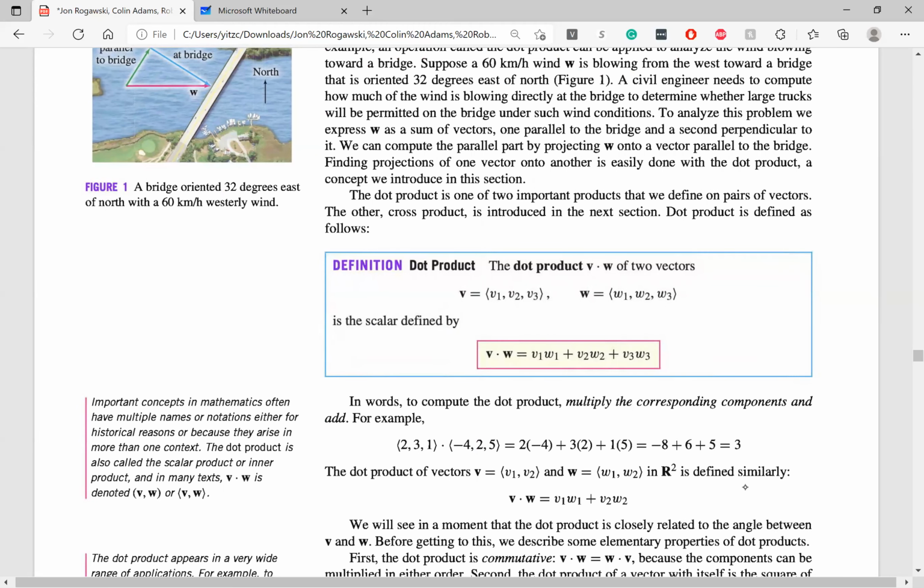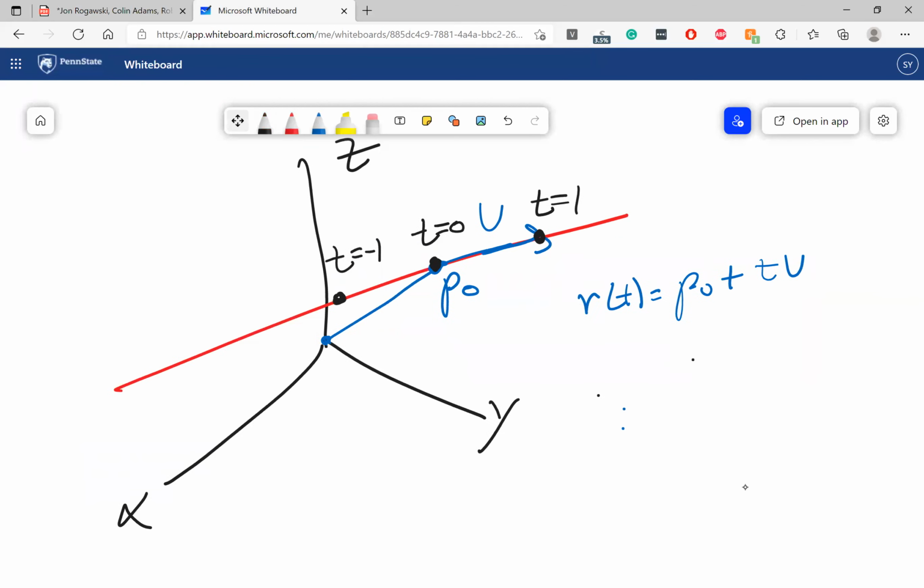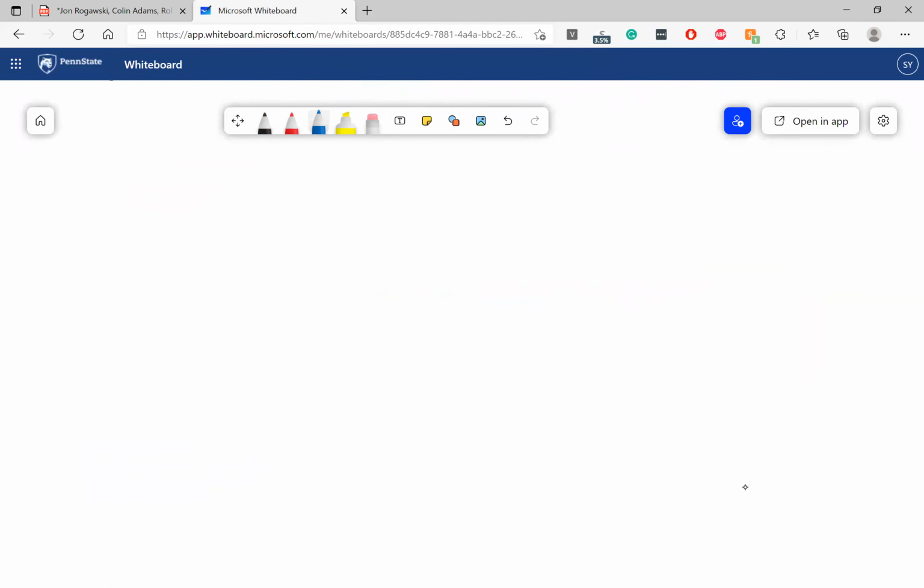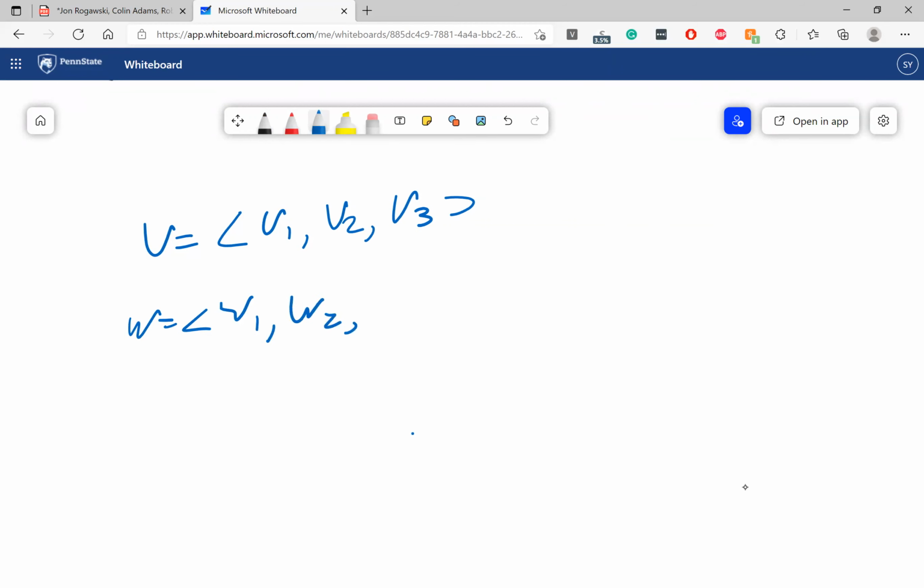If you have a vector v, which is equal to v1, v2, and v3, and you have a vector w, which is equal to w1, w2, and w3, then the dot product between them, v dot w, is going to be v1 times w1.